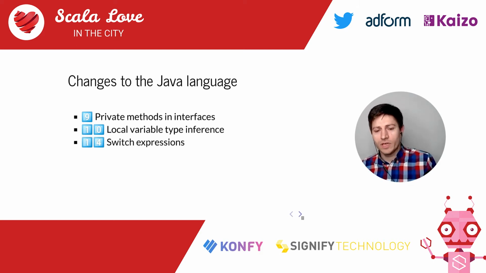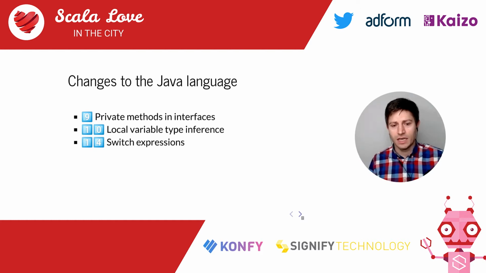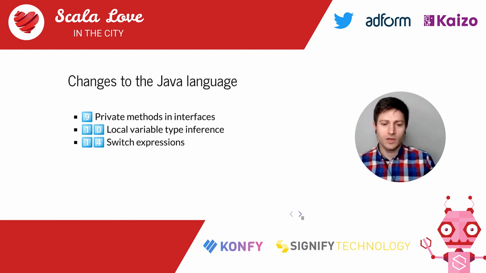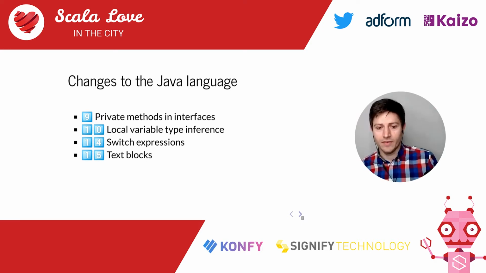Since Java 14, we have switch expressions, which look similar to, for example, match or when in Kotlin, but they're not exactly the same. Nevertheless, we now have not only the switch instruction in Java, but also the switch expression, an expression that yields a value.